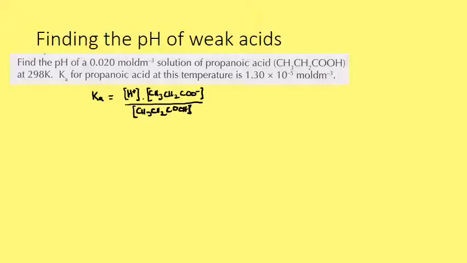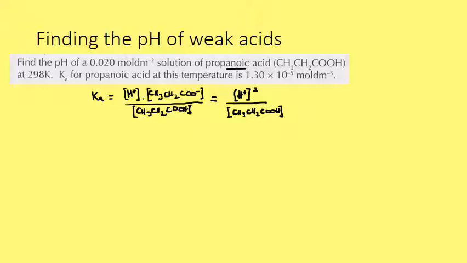And it's a weak acid, so we're told that it's propanoic acid, and we know that's a weak acid. So we can simplify this to the H plus squared version of the expression for the acid dissociation constant. So it's H plus squared over the concentration of the acid.